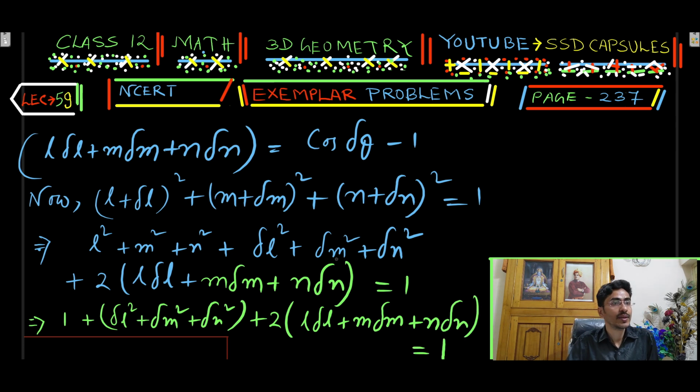So now we simply put the value of LΔL, MΔM and NΔN into that relation. Name this as 1.